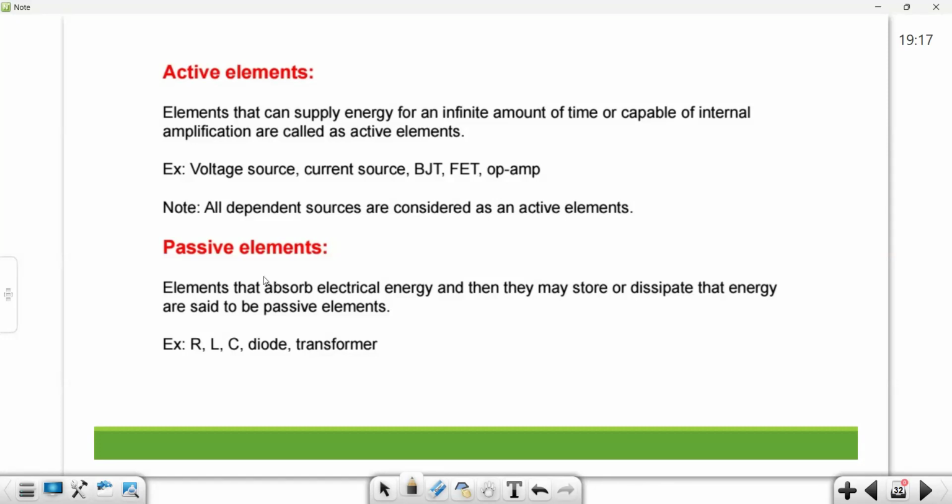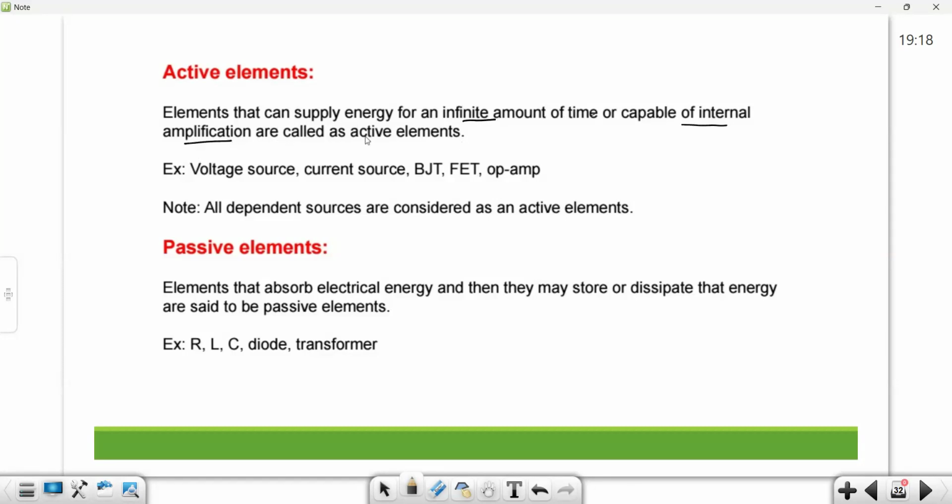That means active elements are those which can supply energy for an infinite amount of time and are capable of internal amplification.